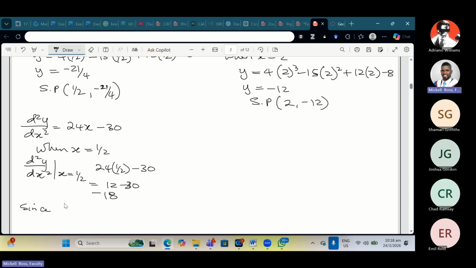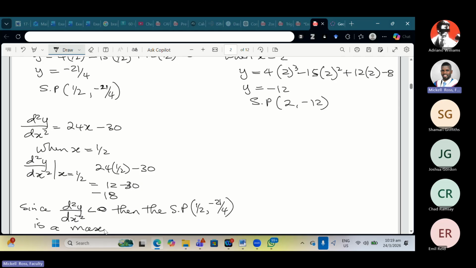So since now the second derivative is less than 0, then the stationary point that is at a half, negative 21 over 4, is a maximum point. All right, so we know that it's a maximum.